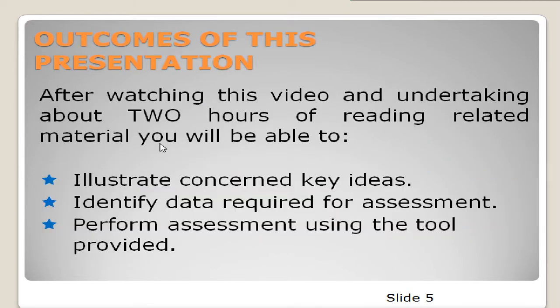Okay, the outcomes of this presentation include the three items shown here. You'll be able to illustrate key ideas, identify what data is required for assessment, and perform assessment using the tool provided.